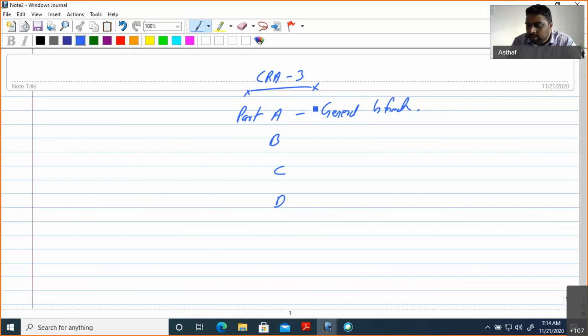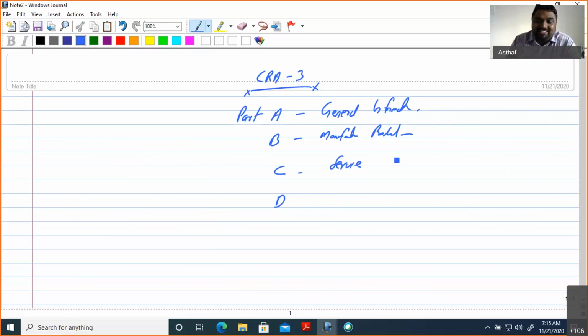Then part B discusses details about the manufactured products. That means the cost sheet, the cost of production, the material and utilities breakup, and the product cost information. All these are under part B. Going further, part C is for service.